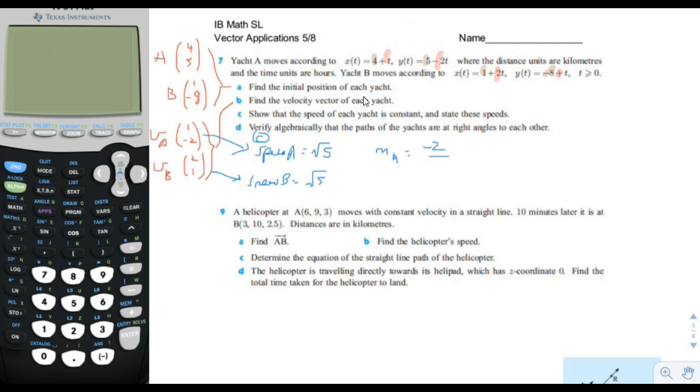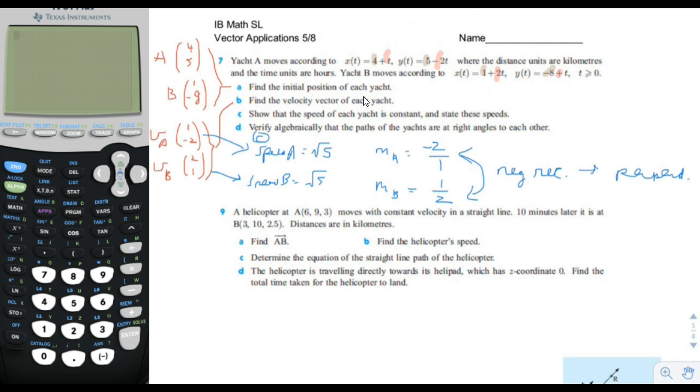I take the y component divided by the x component. And the slope of B is equal to 1 divided by 2. And you notice that these two are negative reciprocals. So that means that they are perpendicular.